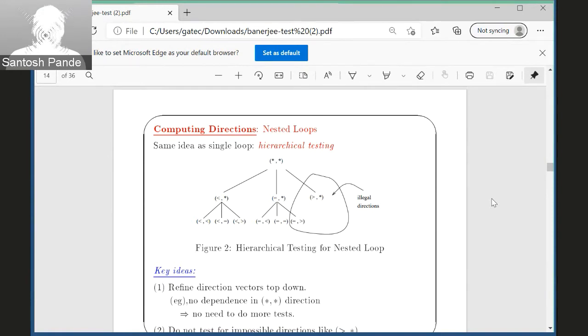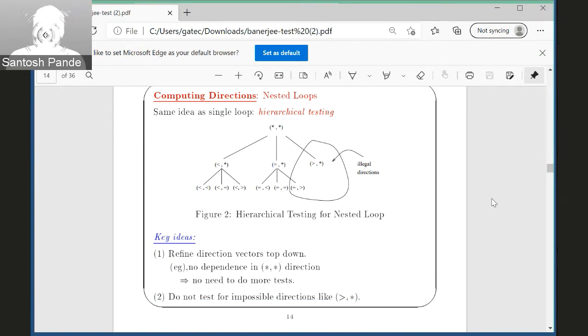So if there is no dependence in this unconstrained space for star star, there is no dependence whatsoever for any of the other subvectors or direction vectors. So we can rule out the dependence right away and prove independence, and we don't have to test anything below it.